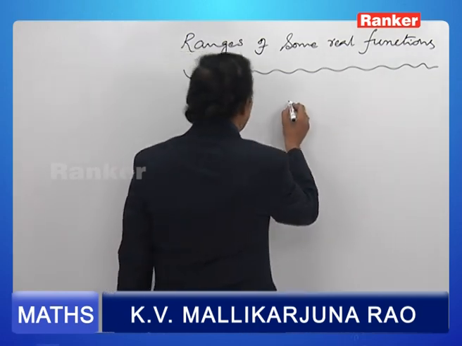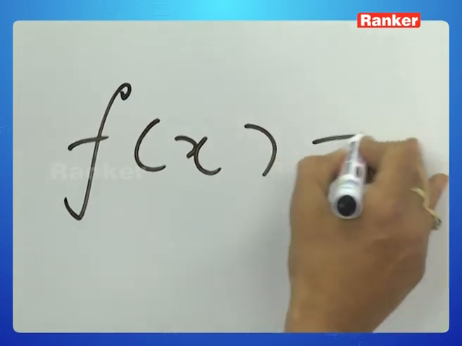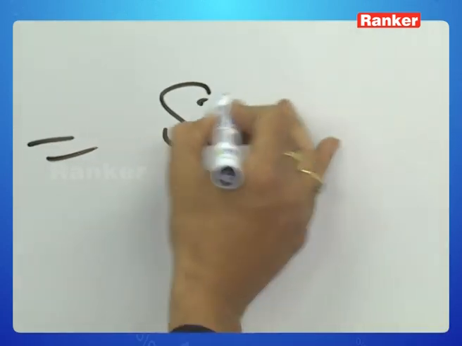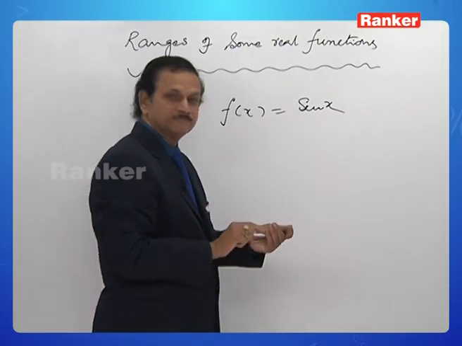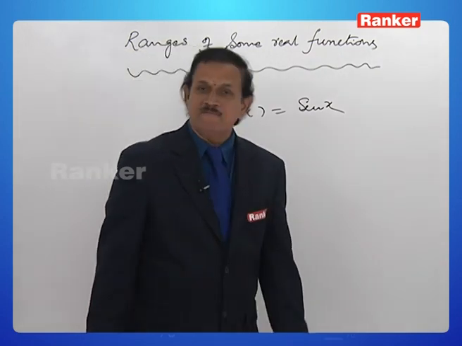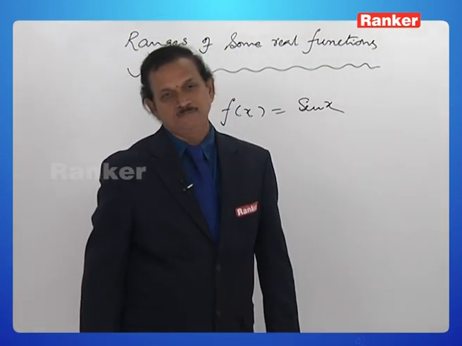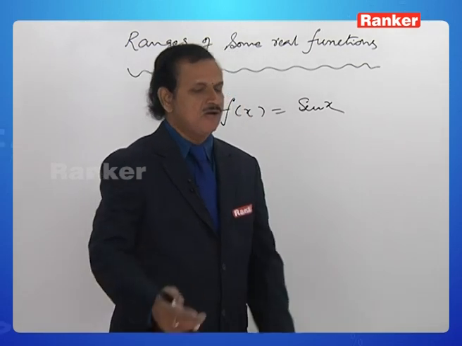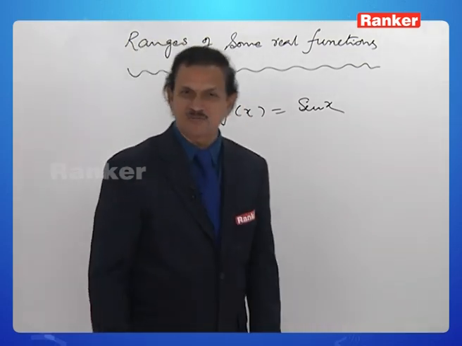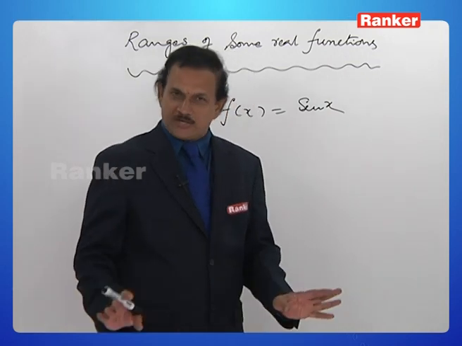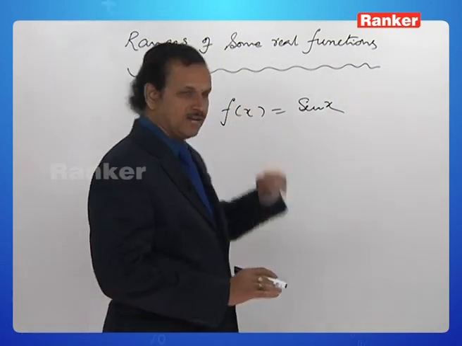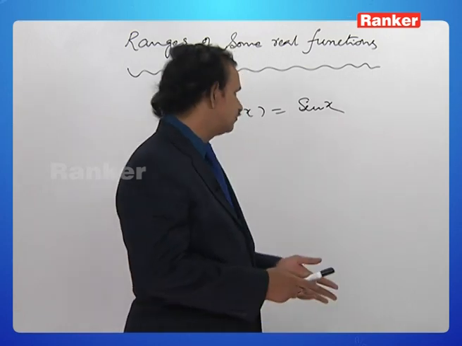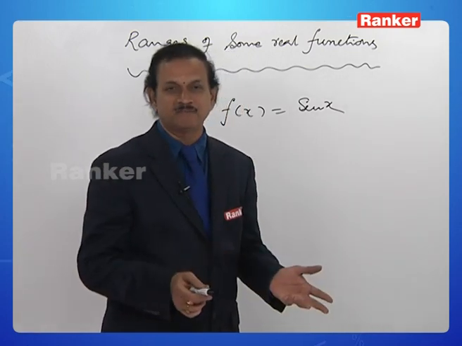Look here, suppose f of x is equal to sin x. A well-known function. To define f of x equal to sin x, there are no restrictions; for any real number you will be able to have it. Given a real number for x, say 3, what is f of 3?